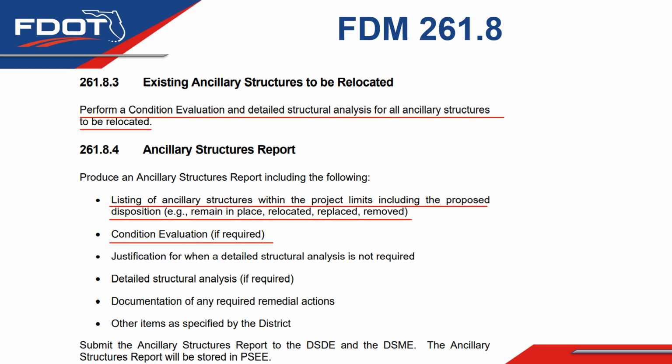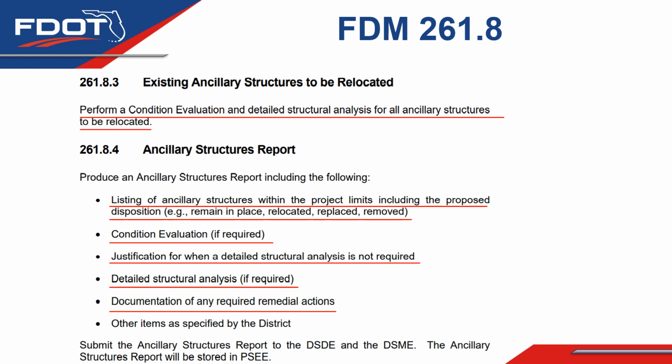It would also include the condition evaluation if required, meaning that there might be some that are required and some that are not. It also would have any justification for when a detailed structural analysis is not required. And therefore, if the detailed structural analysis is required, then it would also have that detailed structural analysis.